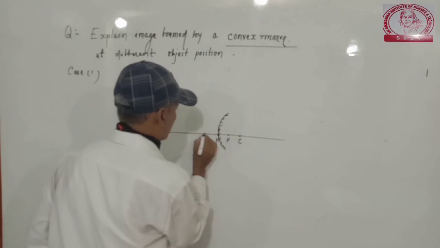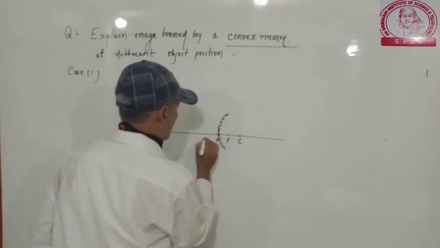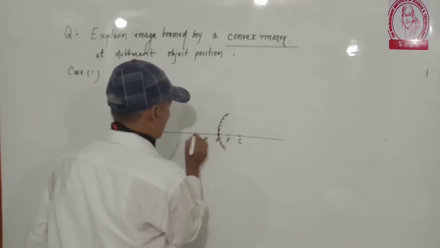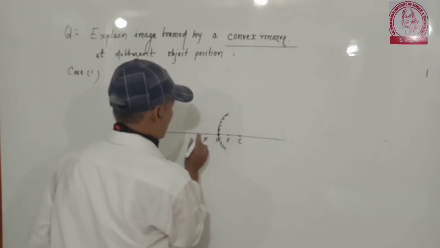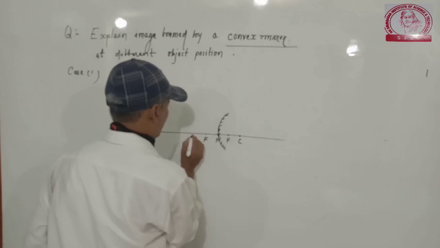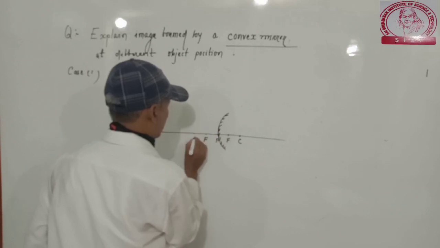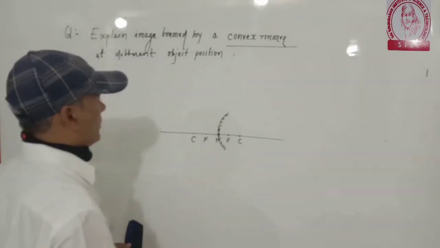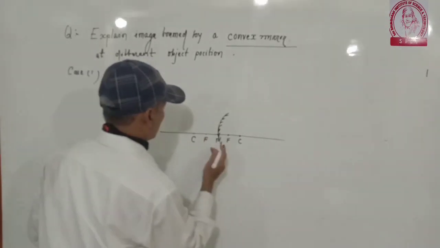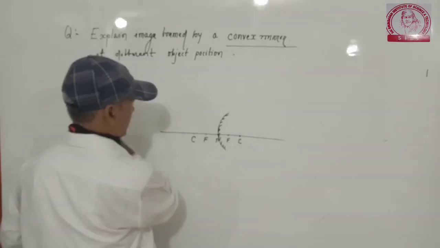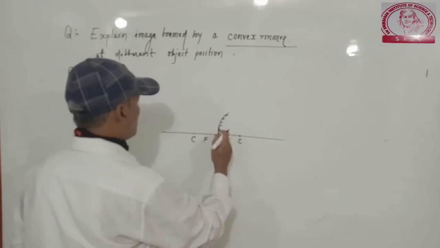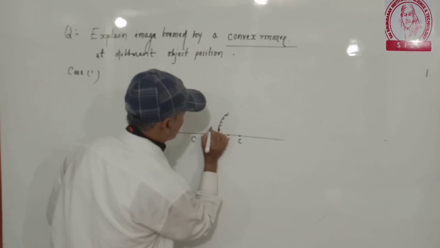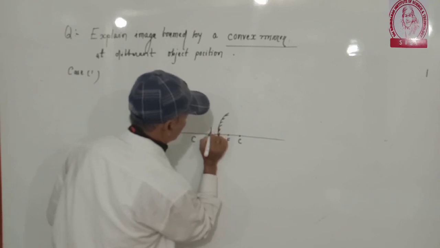Now take this. This is focus. This is center of curvature. Okay, let's start. We'll move from this side to that side, from pole towards infinity, in reverse direction. No problem. Let's find what is happening.